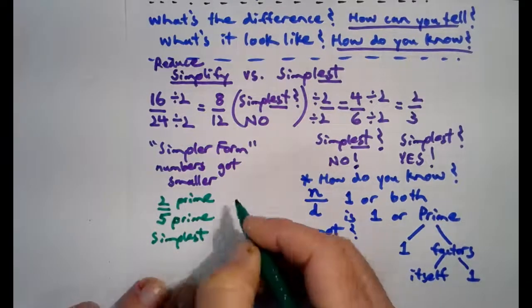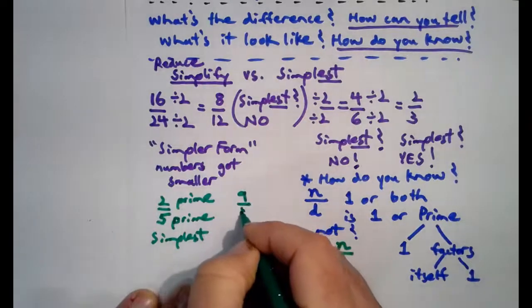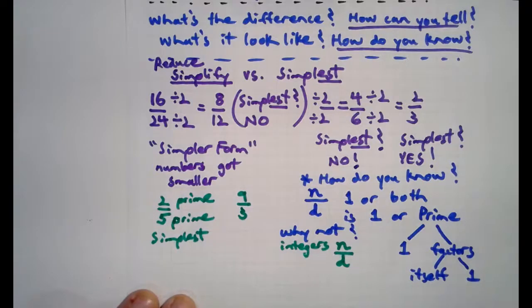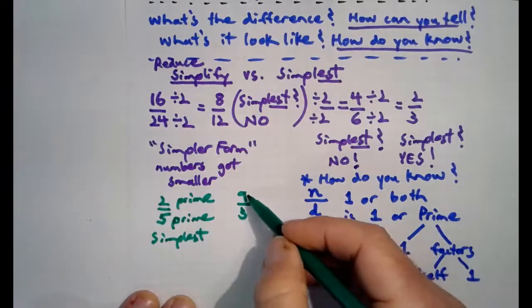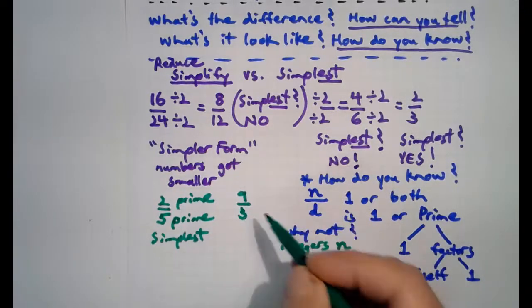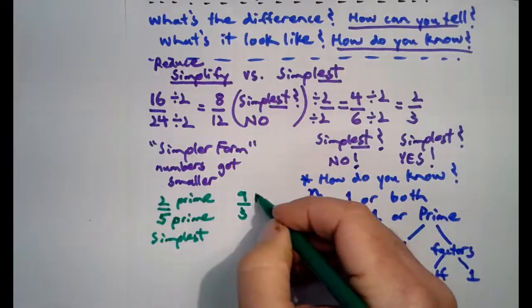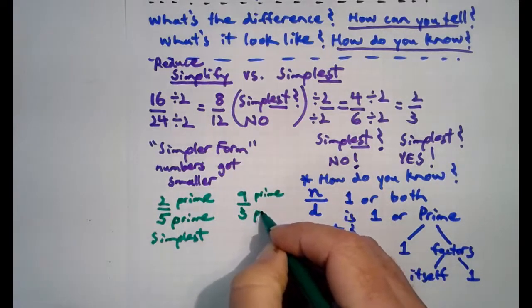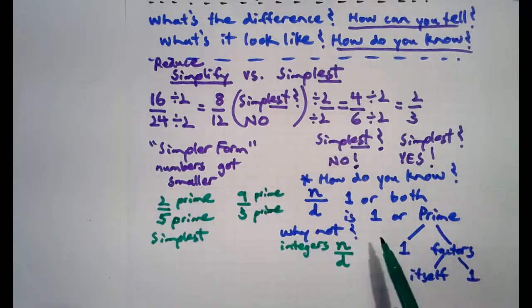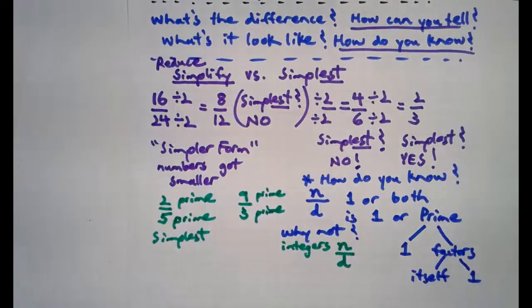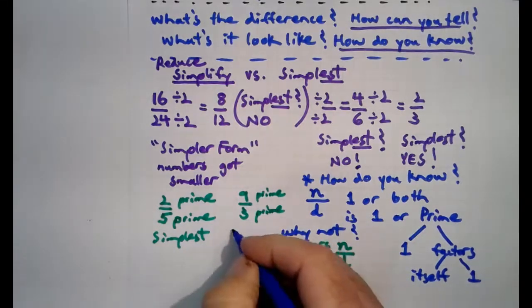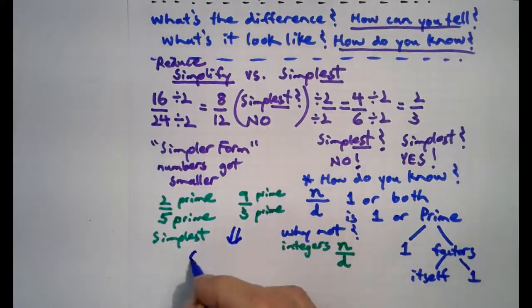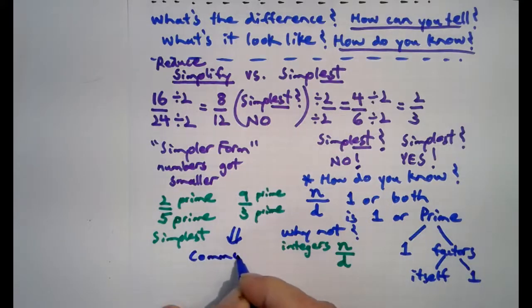Let's do another one. What about 9/3? 9 is a prime number. 3 is a prime number. So you might think, well, yes, of course, this one is simplest based on this definition over here. But the thing is, do they have a common prime factor?